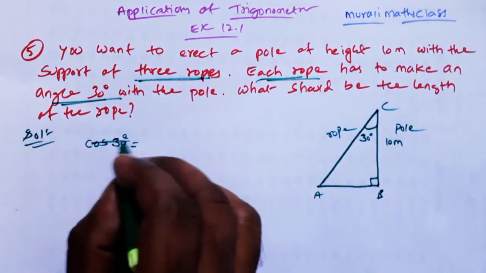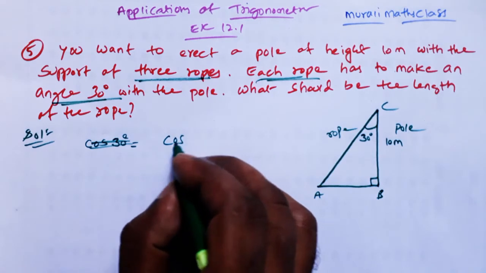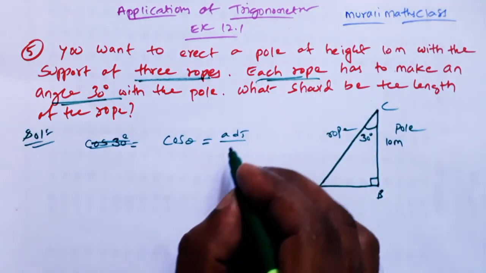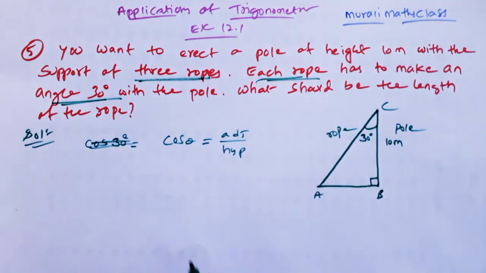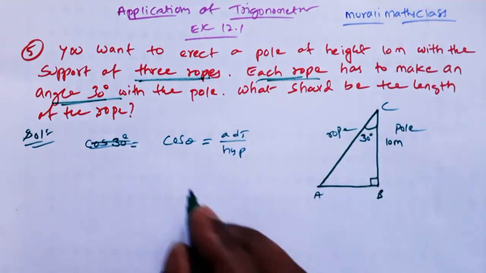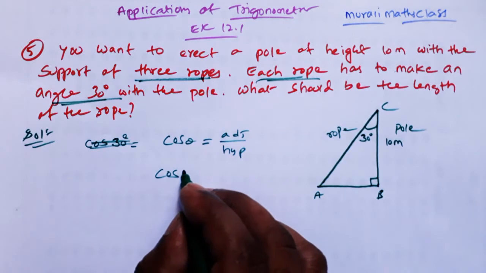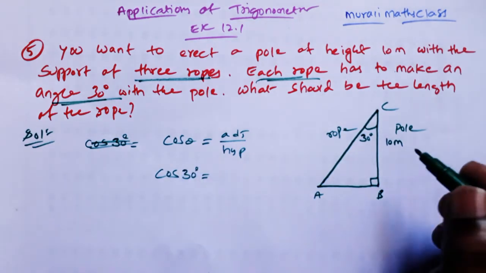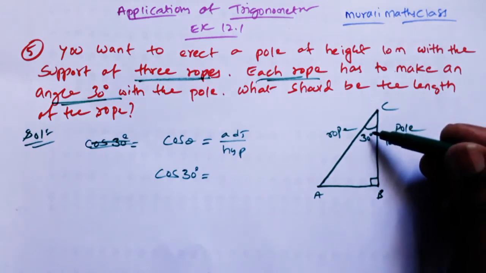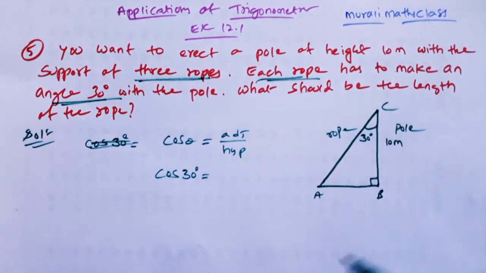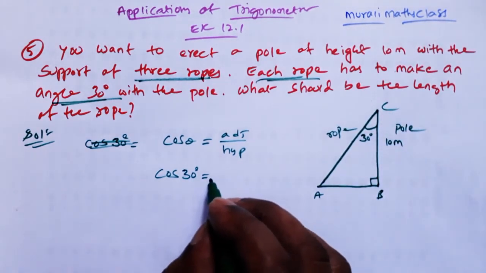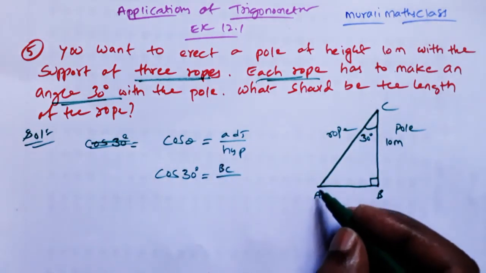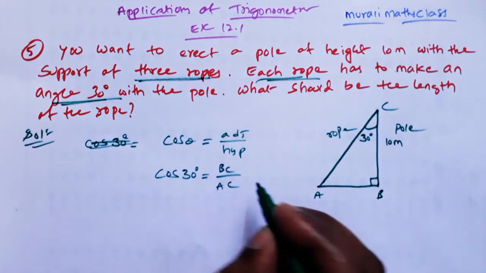Cos theta formula I write first. Cos theta is adjacent by hypotenuse. Theta here is 30 degrees. So cos 30 degrees equals adjacent by hypotenuse. If theta is here, adjacent is BC, hypotenuse is AC.